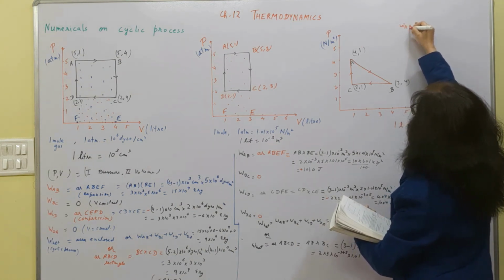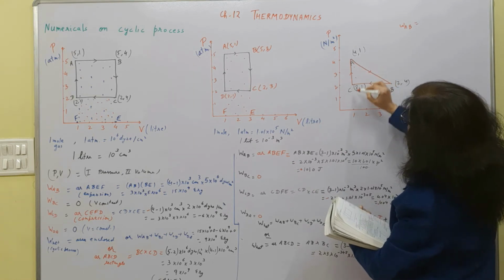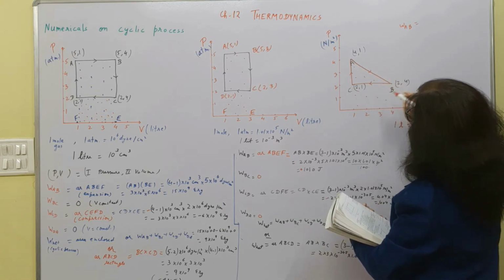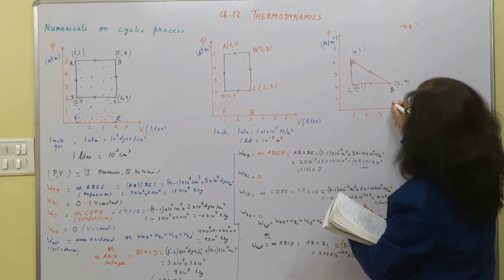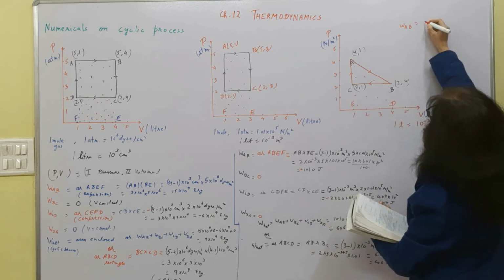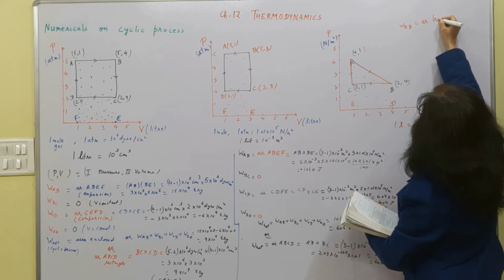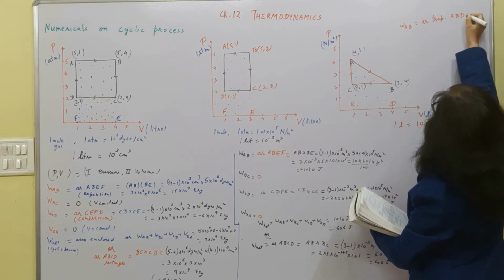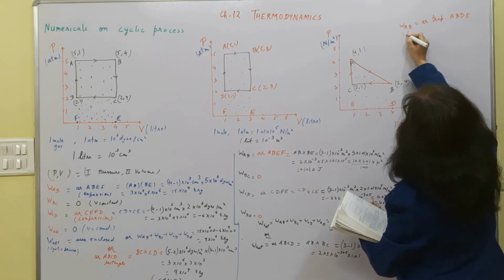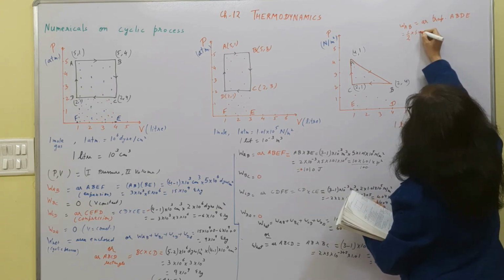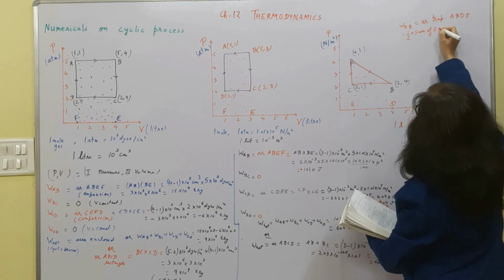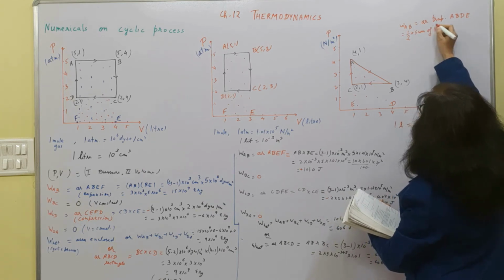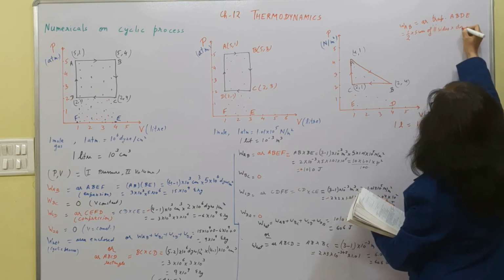Right? So you have to find WAB, which will be the complete area of the trapezium. If we mark this as D point and this is E, this is area of trapezium ABDE. So this is equal to half into sum of parallel sides into distance between them.